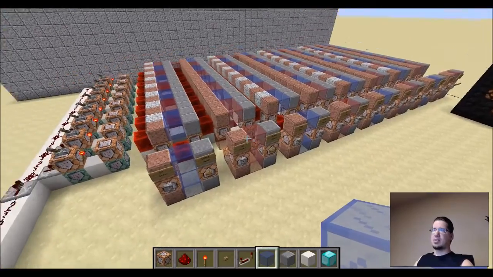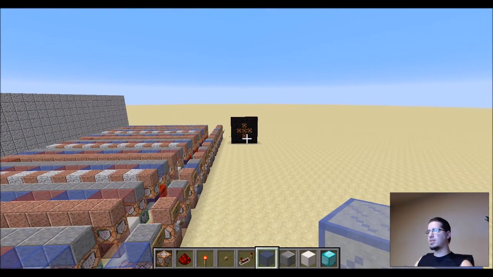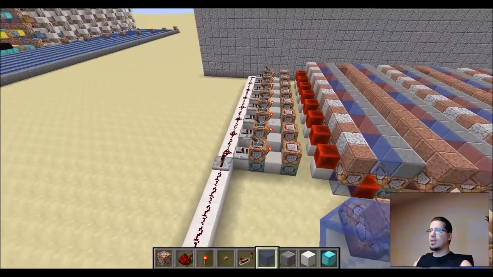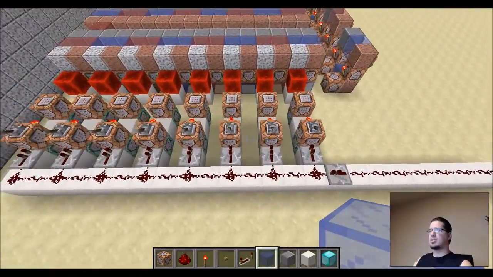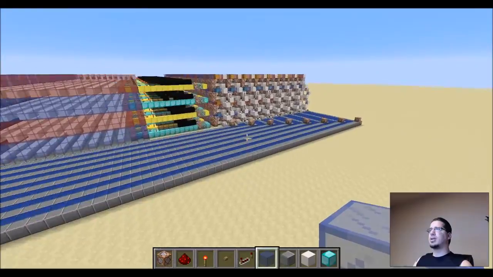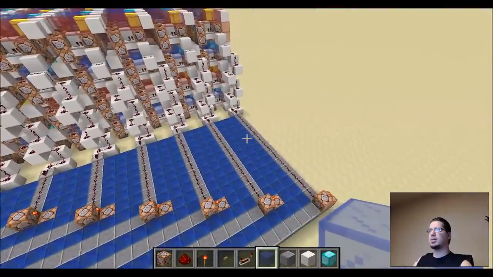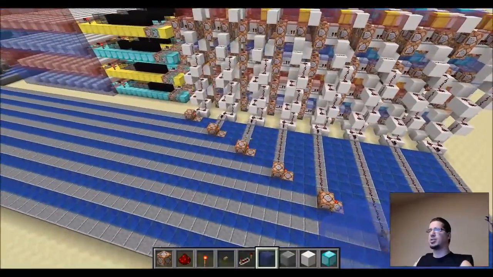And it's fast. We don't have so much latency on turning off stuff. So I think this is going to be a good thing. Also, because these are all just one block apart now, instead of having 3 spaces of blocks in between each one like over here, it is also going to be a lot shorter.